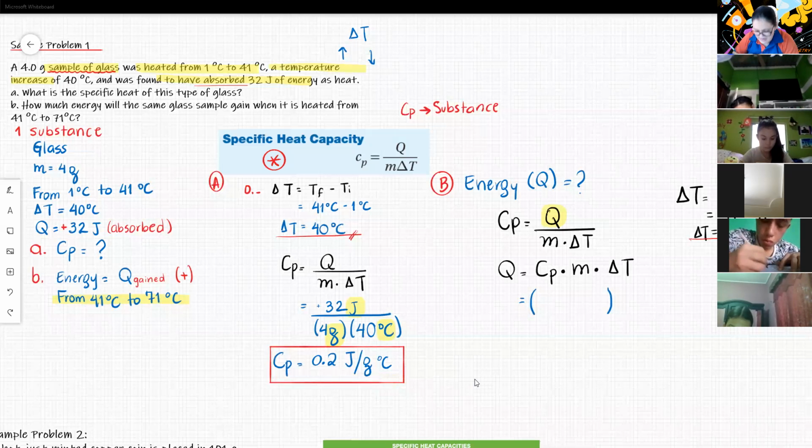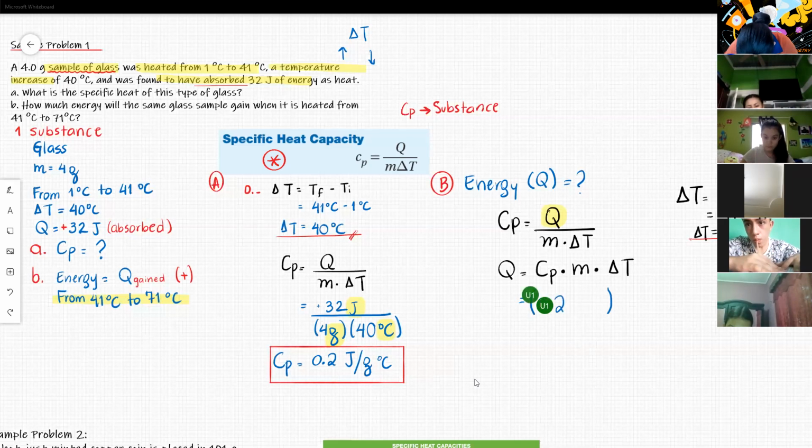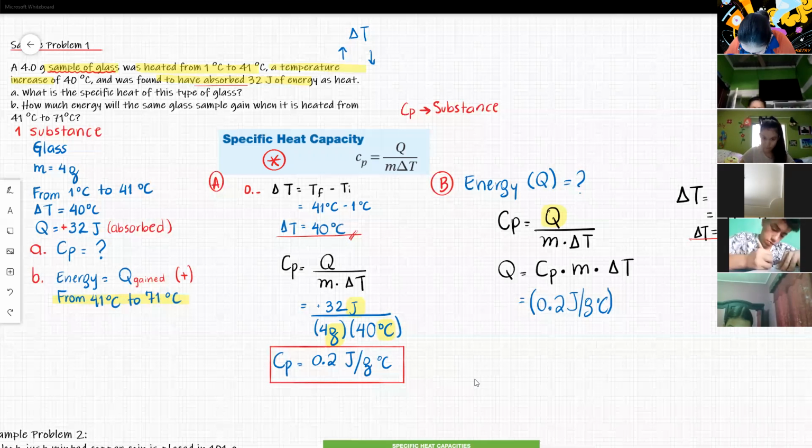You just have to use it in the second part. So you say Cp for the glass sample is 0.2 joules over grams Celsius, and you will multiply times the mass, that is 4 grams, and times delta T, the one you got, 30 degrees Celsius.